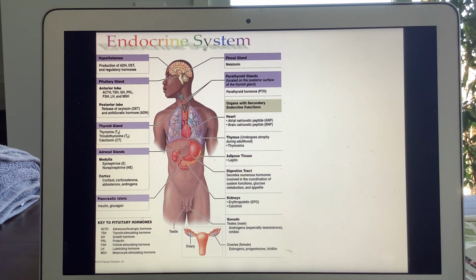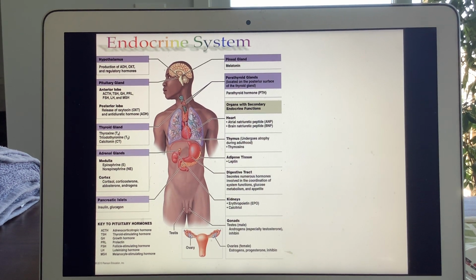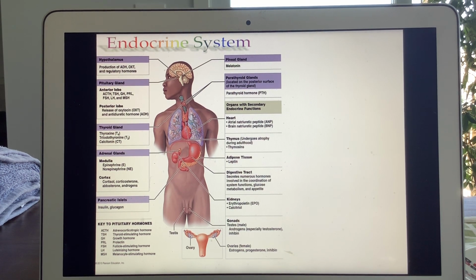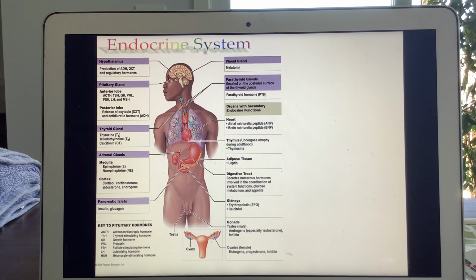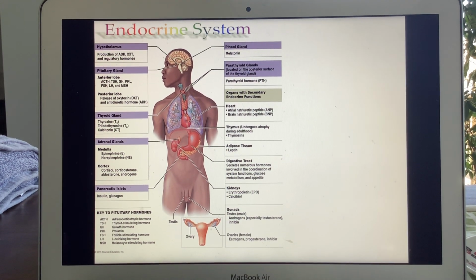So now we're going to delve into the endocrine system and what its different organs are. This is Spotlight 18-12 on page 615, and also the figure in front of you is figure 18-1 on page 614.